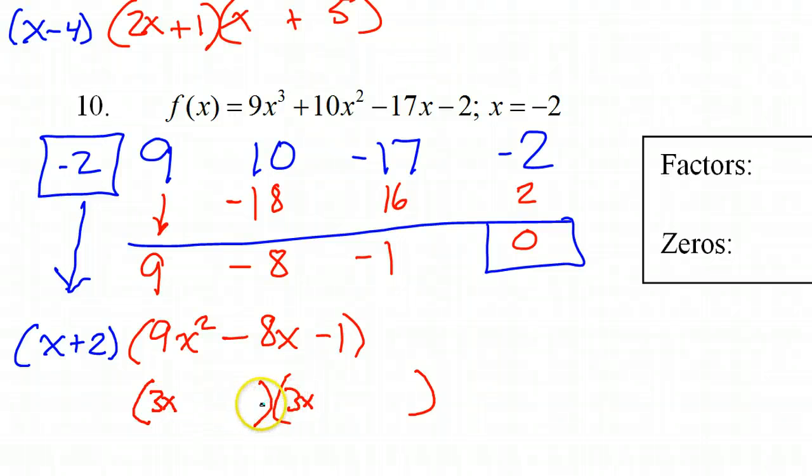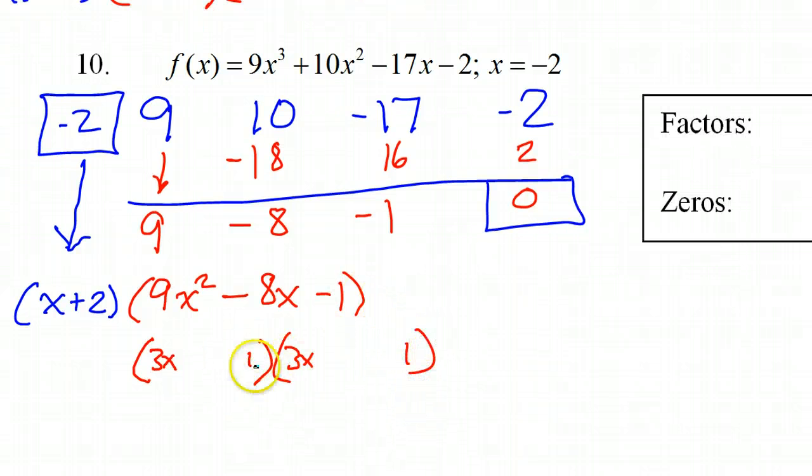So I'm going to try that first and see how far I get. You know what? I can already tell this is not going to work out, because 1 times 1 could be 1. And that means inner I have 3x and outer I have 3x. But that only can make a 6, not an 8.